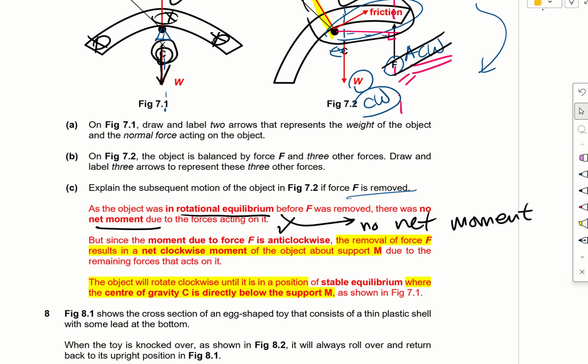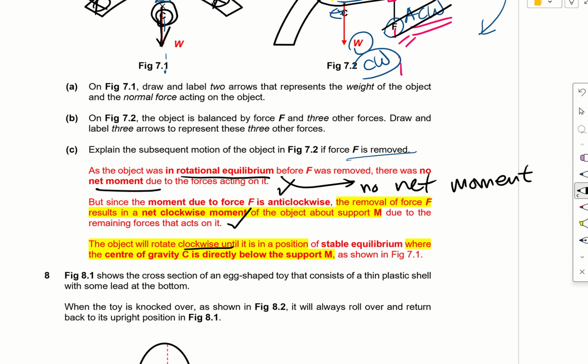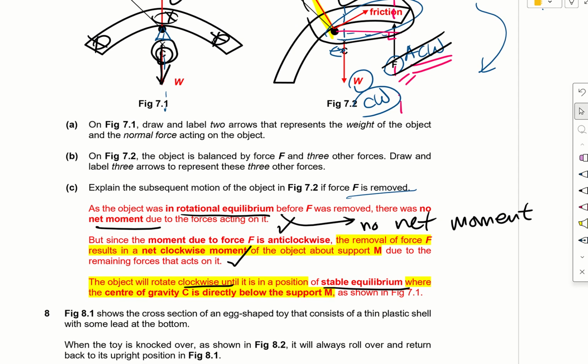Therefore the object will rotate clockwise until it is in a position of stable equilibrium, whereby the center of gravity C is directly below the support M. So it will then go back to become 7.1, whereby the forces will pass through the pivot. Therefore, there will be no perpendicular distance and no moment, right? So this is how things swivel back and forth until they become stable.